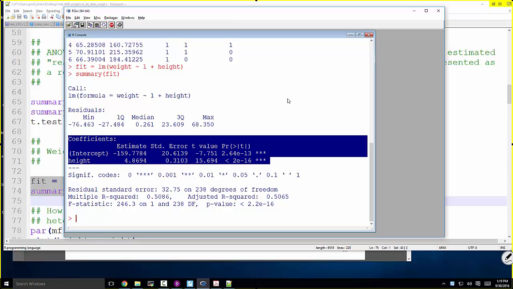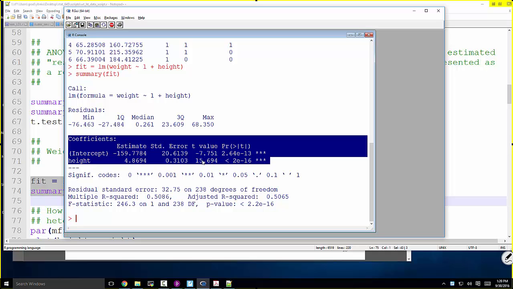Beta 0 hat is minus 159.8. Beta 1 hat is 4.9. The next column are standard deviations for those estimates. The next column is the ratio of the estimate to the standard deviation. And then we have a p-value.